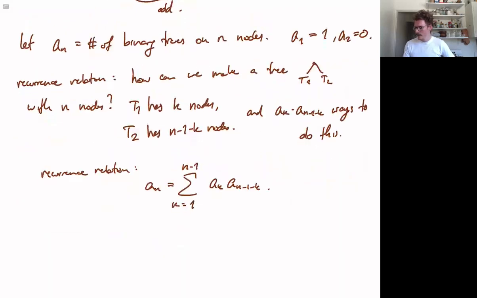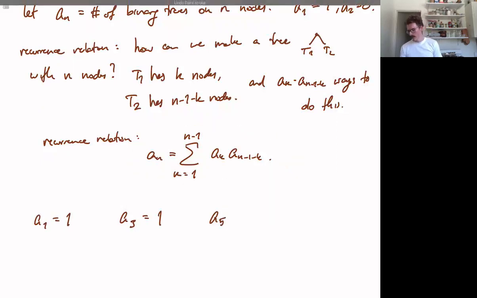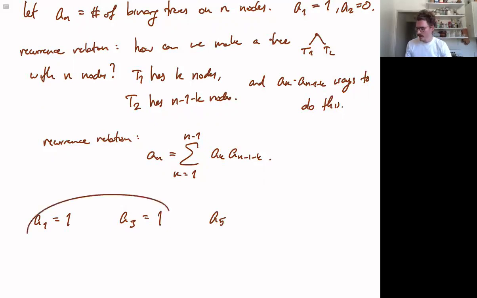So let's write down some terms of the sequence. And let's skip the even ones, because we don't care about those, because they're all 0. So a1 equals 1. a3 is, well, 1 times 1, which is 1. a5, let's not go through this formula explicitly, but just look at the previous terms.